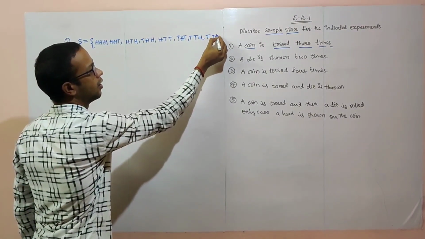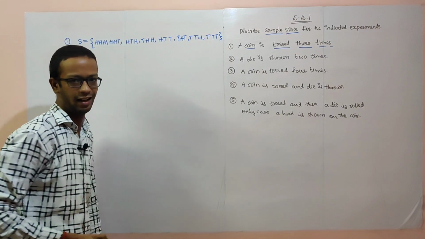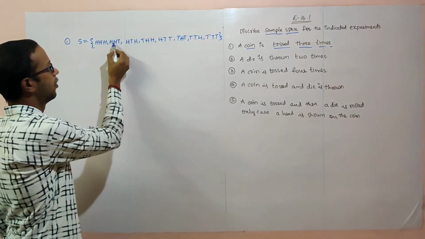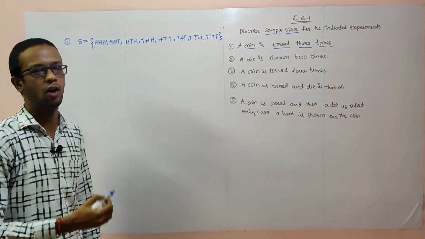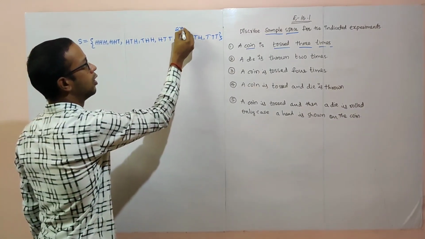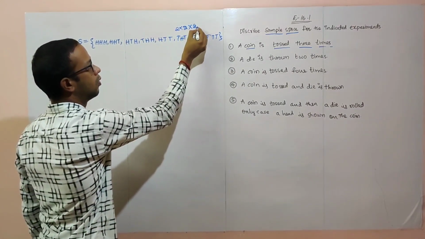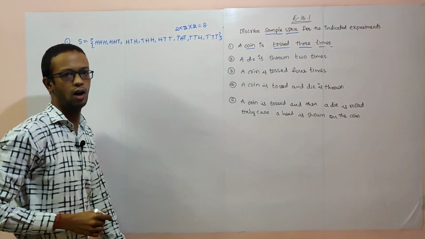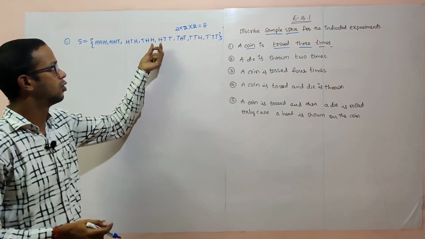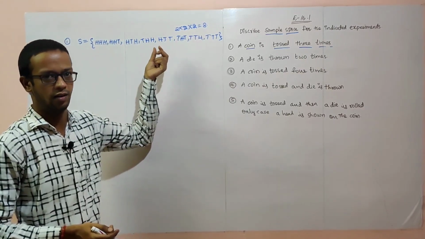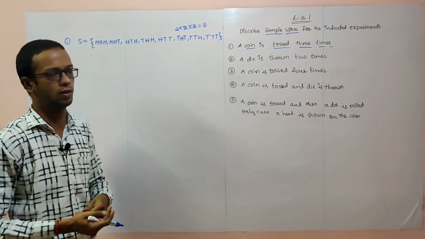Final one, 3 times tail. You can check: 1, 2, 3, 4, 5, 6, 7, 8. 8 outcomes are there. So 2 into 2 into 2, 8 outcomes. So the sample space has 8 elements. And here there is no matter for order; instead we can write in any order also.